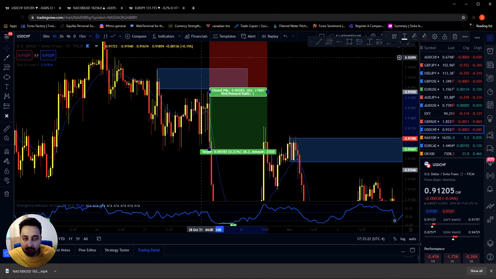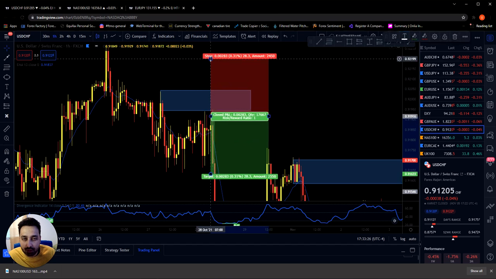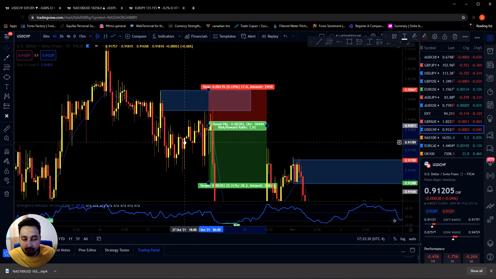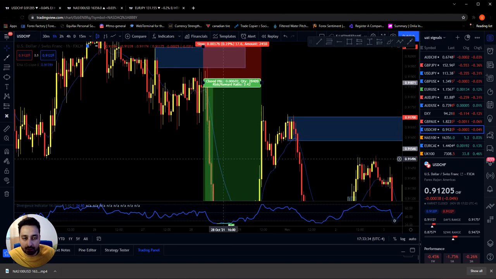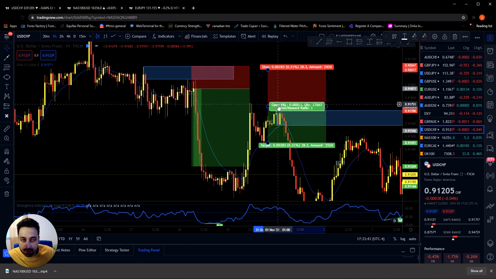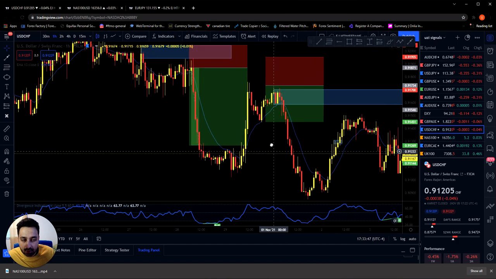Let's say your first entry was somewhere down here when the candles broke on the 15-minute time frame, and you were targeting a 1 to 3. You got it. When this candle here broke the top and then the bottom low, you could easily just enter and put the stop loss above that candle for your second entry.